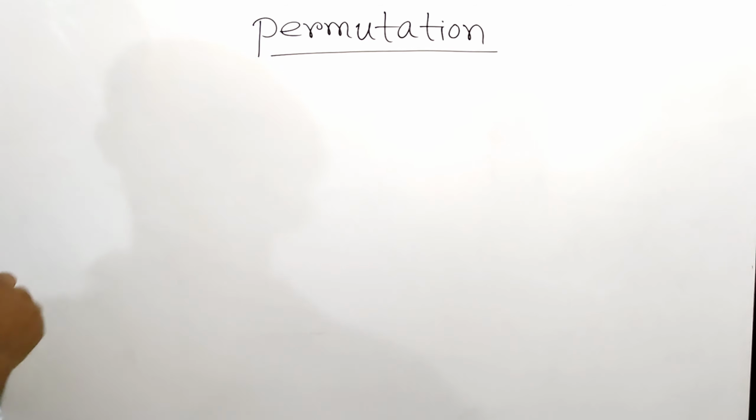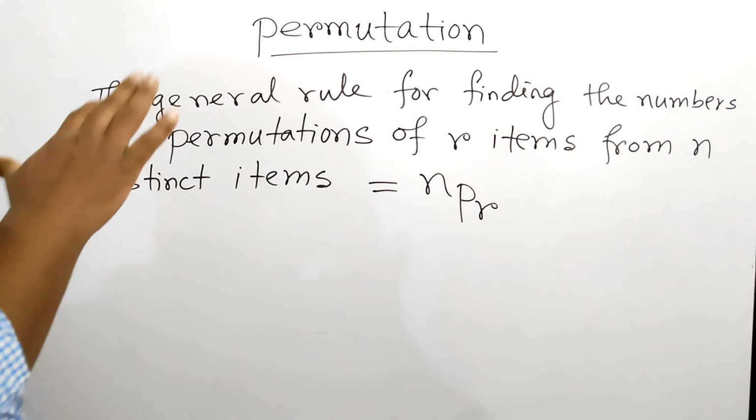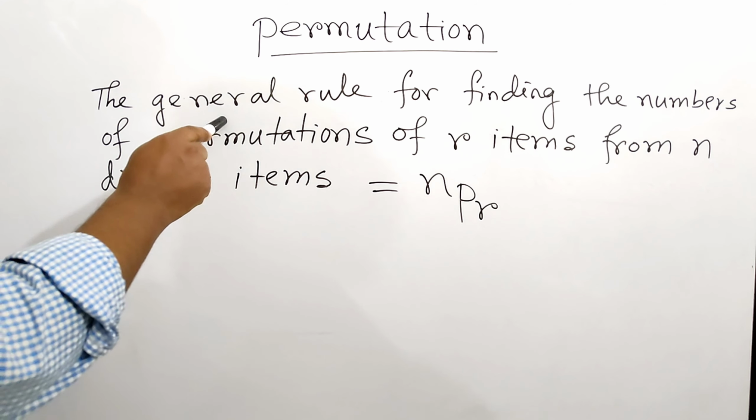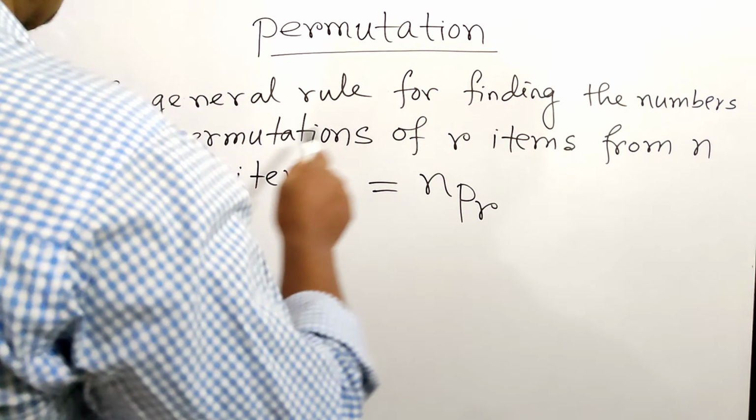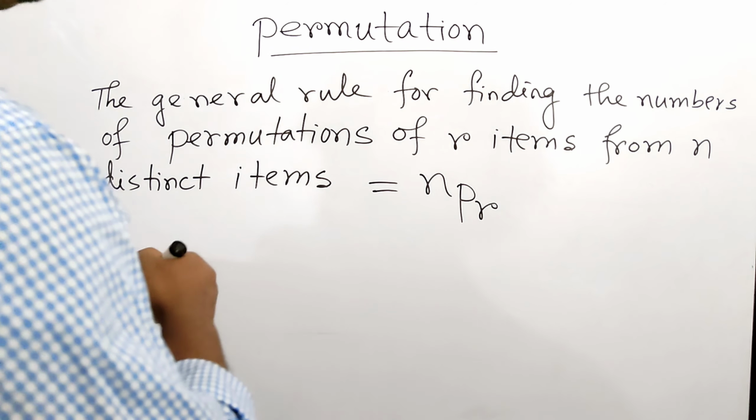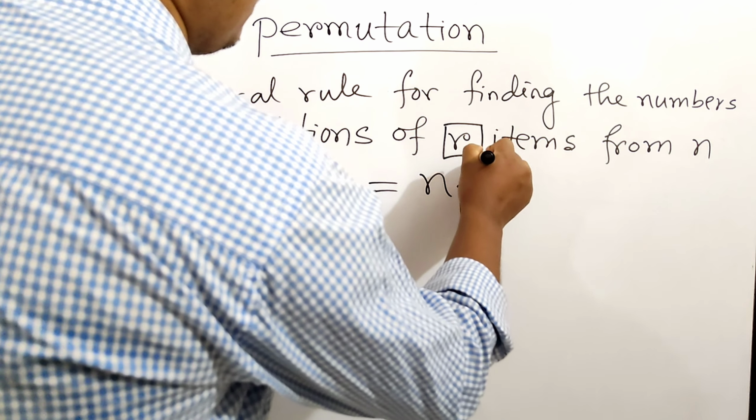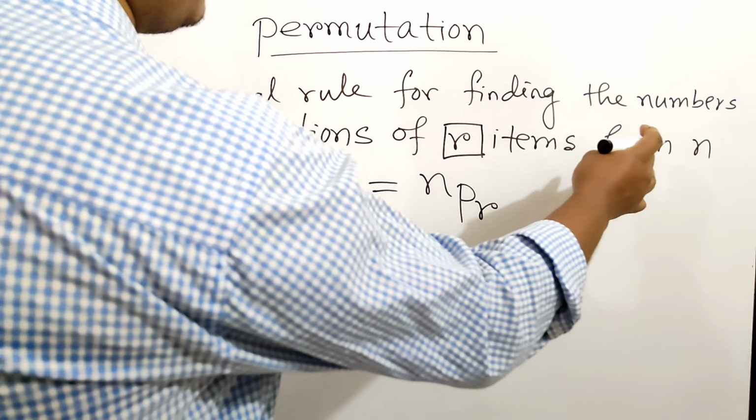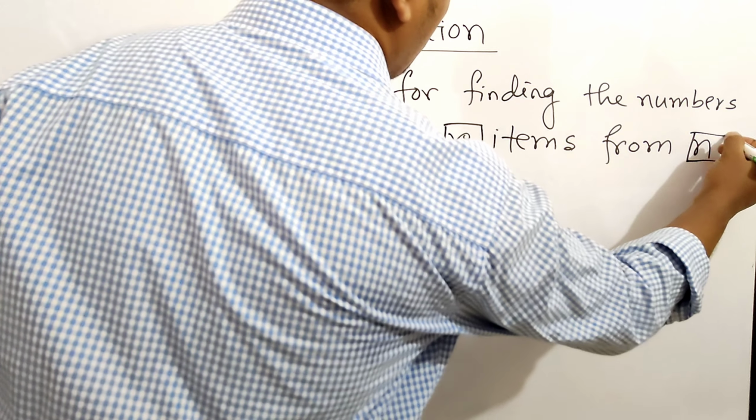The general rule is for finding the number of permutations of R items from n distinct items. Here are two important things.